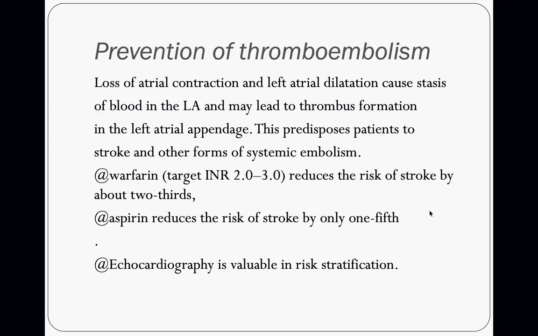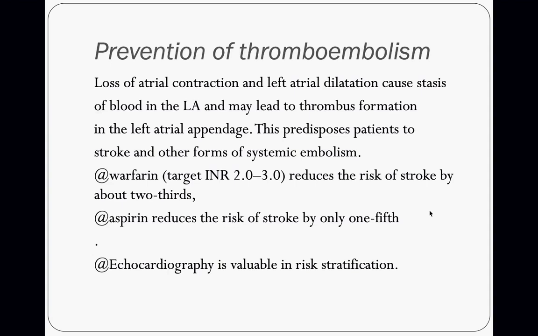In atrial fibrillation, there is a huge risk of morbidity and mortality. This is because of the risk of thromboembolism. Loss of atrial contraction and left atrial dilation will cause stasis of the blood in the left atrium and may lead to thrombus formation in the left atrial appendage. This predisposes the patient to stroke and other forms of systemic embolization.